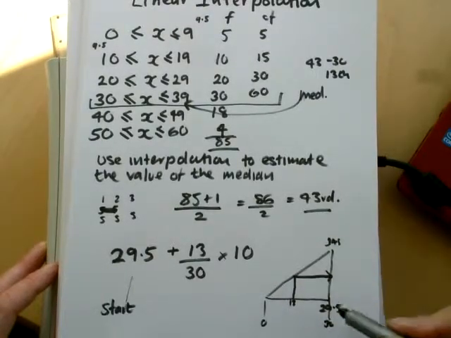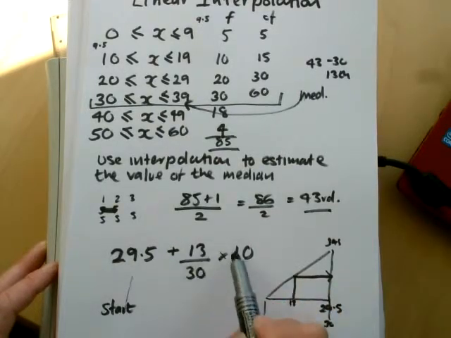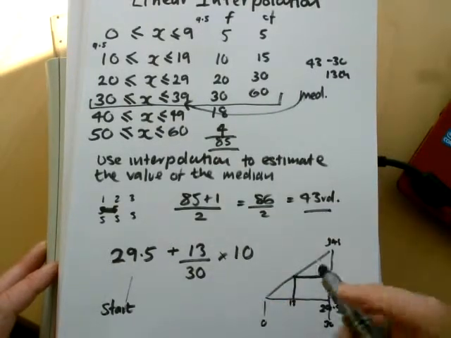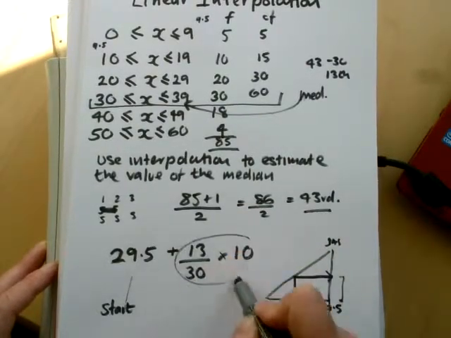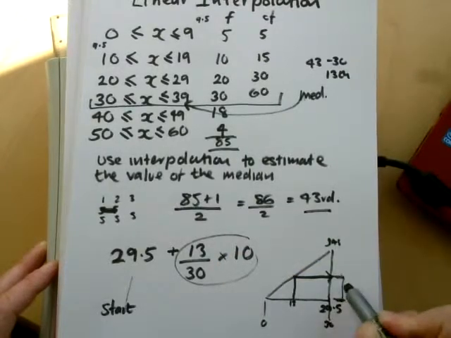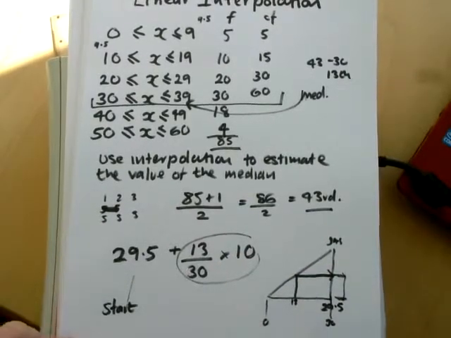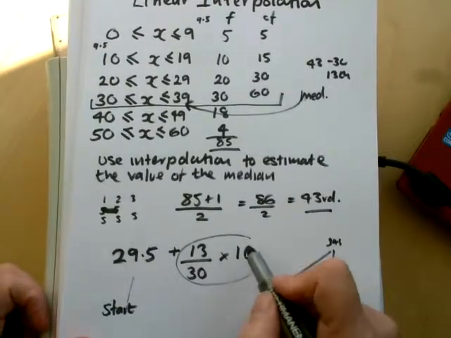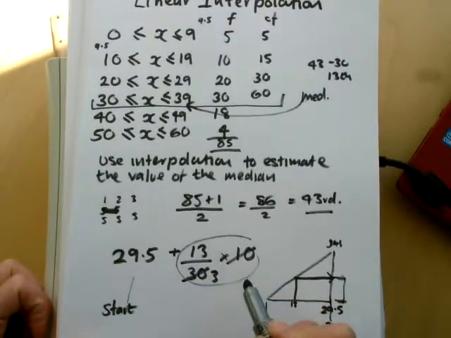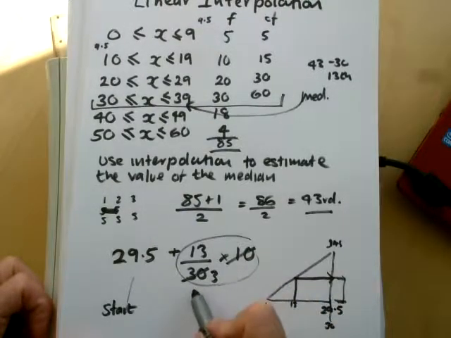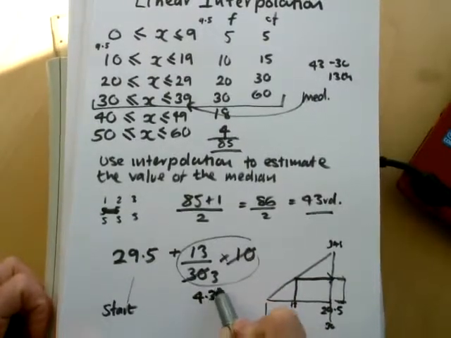Now 13 over 30 times 10 will simply give me a value, and we have to add that on to the 29.5. That's this part here. I haven't brought my calculator up with me, which is slightly annoying. The 10 will cancel into the 30, so 13 over 3, I'll do this manually, 13 over 3 is 4.33.